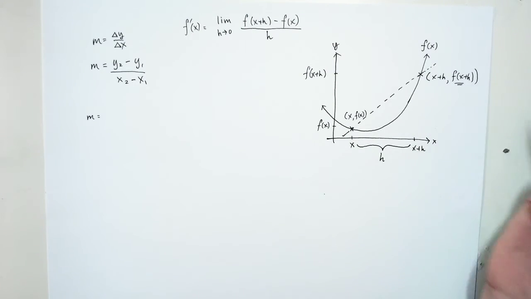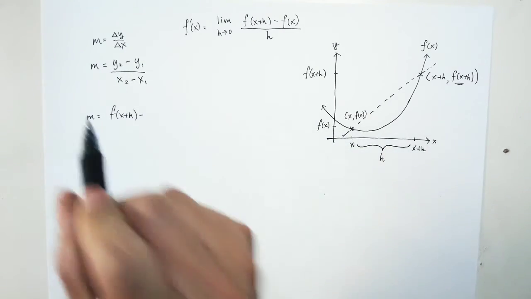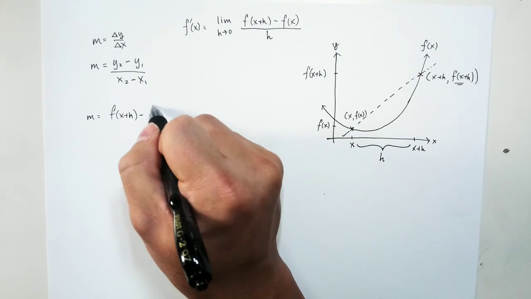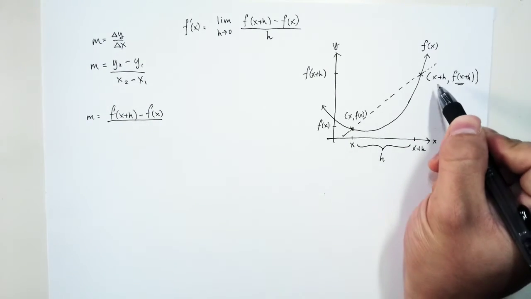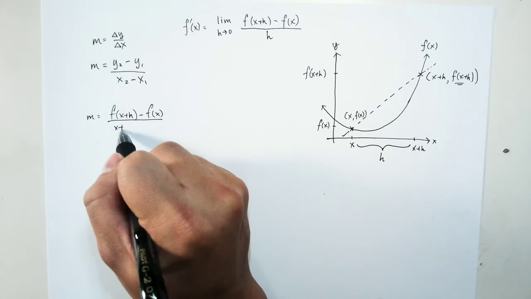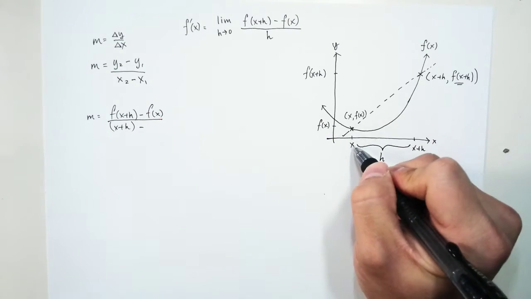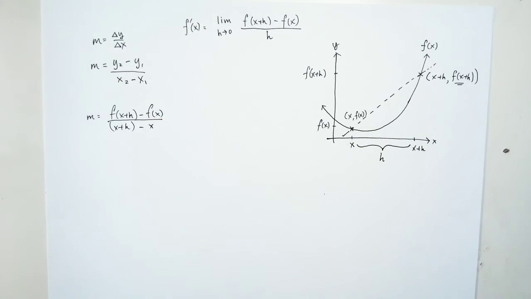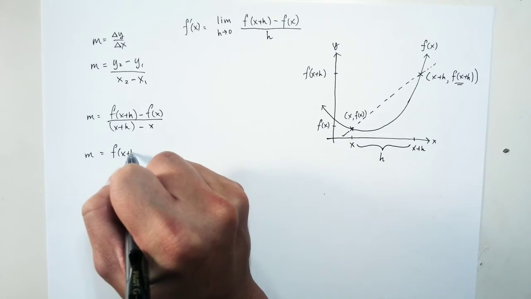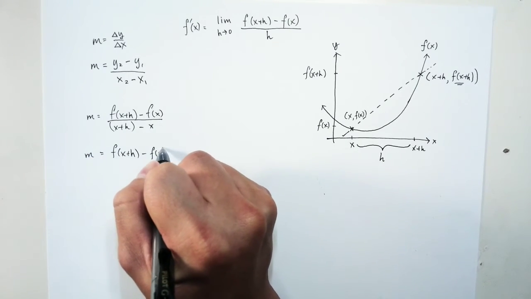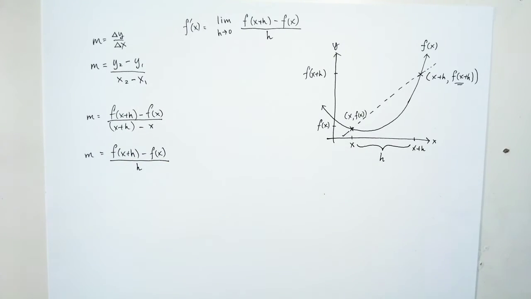My y2 will be this, f of x plus h, minus y1, which is this guy right here, f of x, divided by x2, which would be my x plus h right here, put parentheses around them, minus x1, simply x. So simplify this a little bit. My slope is going to be f of x plus h minus f of x over, now you can see the x got canceled out, so you can see the h right here.